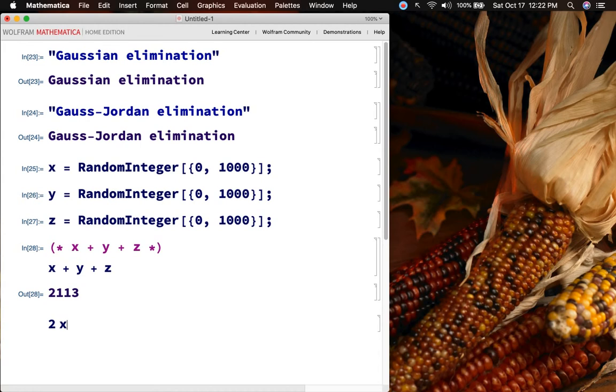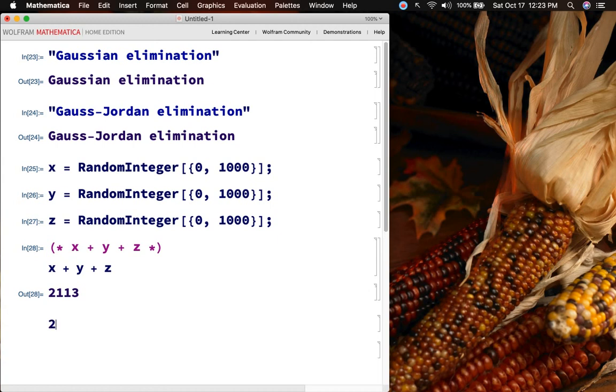Let's keep it simple: x plus y plus z is 2,113.